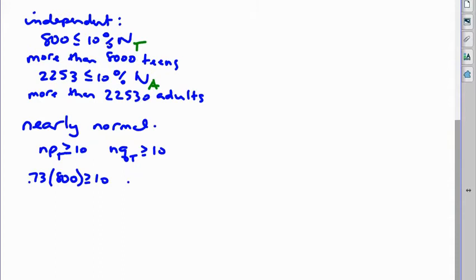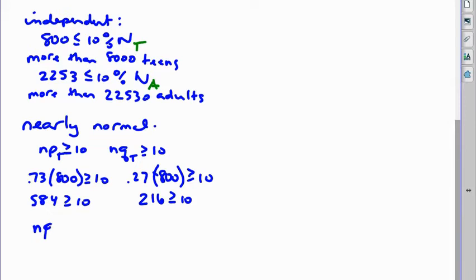And then 0.27 times 800 has to be greater than or equal to 10. That one's definitely meeting. And then let's check for the adults. For the adults, greater than or equal to 10. Of course, we're going to have this meeting too.